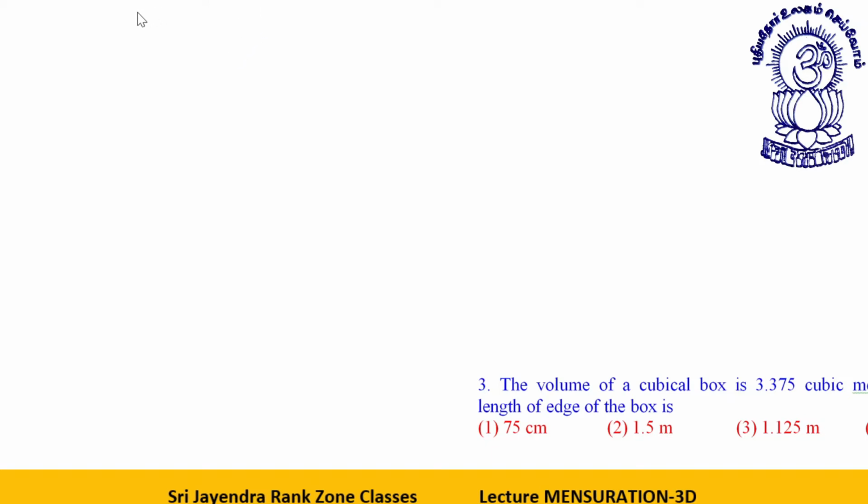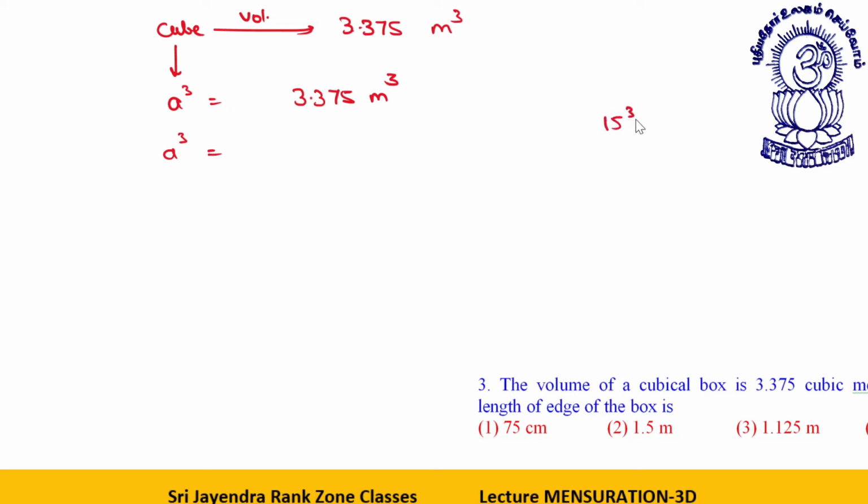The volume of a cubical box is given to you as 3.375 meter cube. The length of the edge of the box is? See, it is a into a into a, or I can say a cube is equal to 3.375 meter cube. Fine. I know 15 cube is equal to 3375. This is nothing but 1.5 cube.